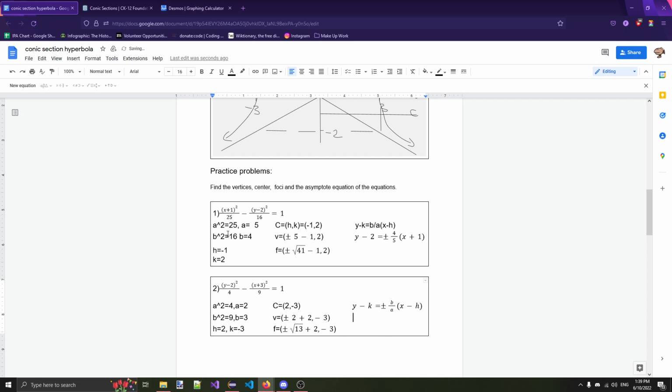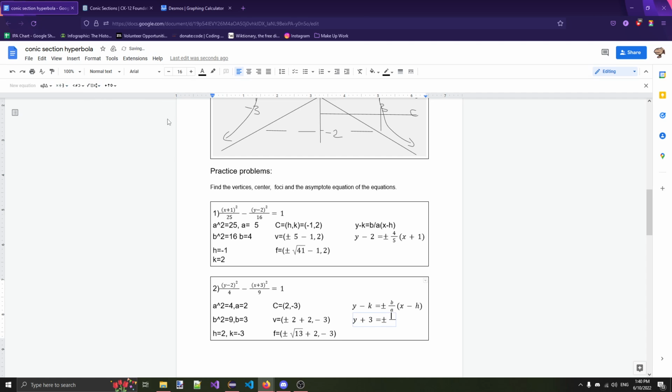And I'll have you believe that yes, you can just substitute things. y plus 3 equals plus or minus, I need a fraction, b is 3 and a is 2, times x minus 2. And that's our asymptotes.